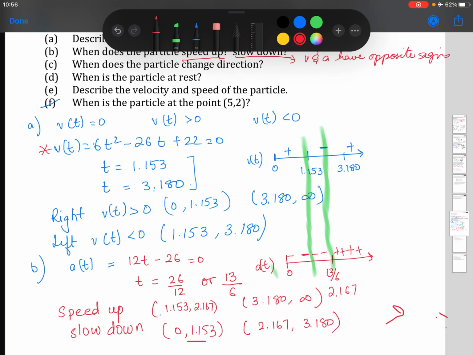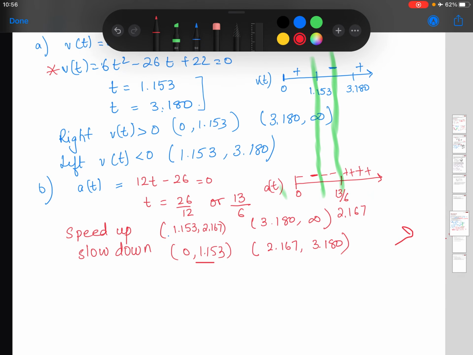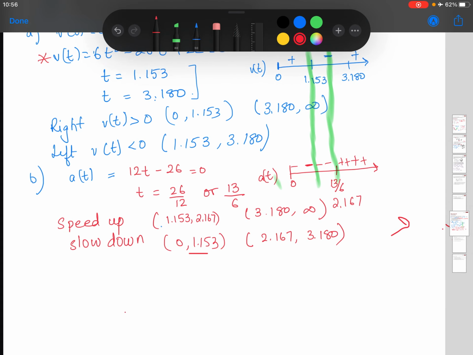Part C. When does the particle change direction? So the particle changes direction whenever it changes what? Sign. When v of t changes sign. Right, so I already had my v of t number line. I'm going to just sketch it here again. And this was 0, and then the other critical values were 1.153 and 3.180, and it was going from positive to negative to positive.